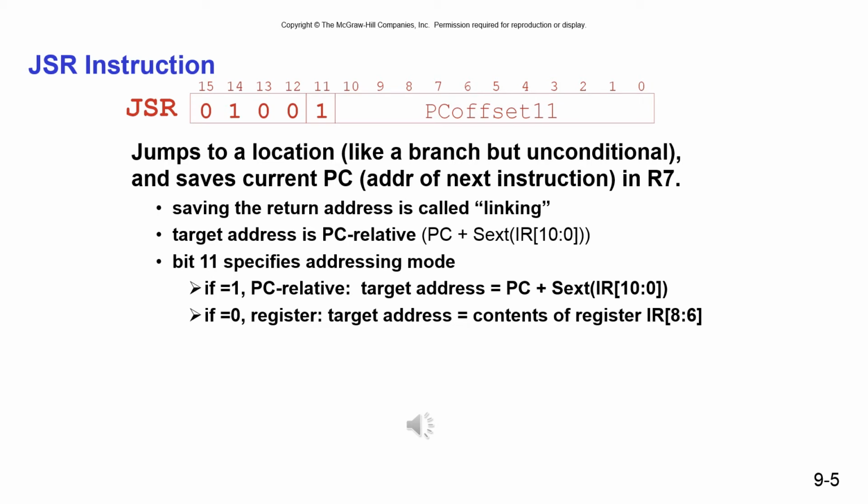And the target address is the program counter plus the sign extended 11 bits in bits 0 through 10. That gets added to the program counter. And so you've got a leash. Okay, I can't remember right off the top of my head what the range is of an 11-bit 2's complement value, but it's finite.